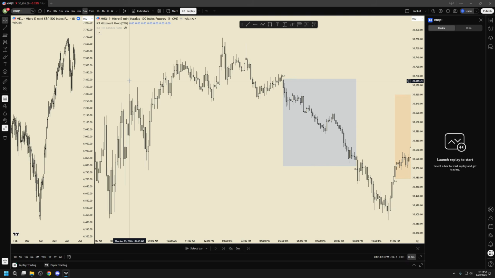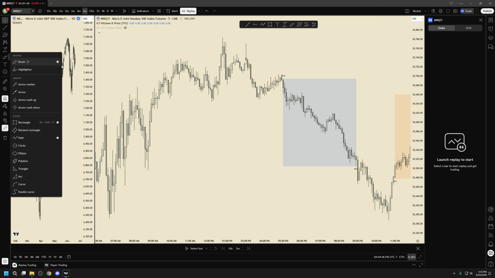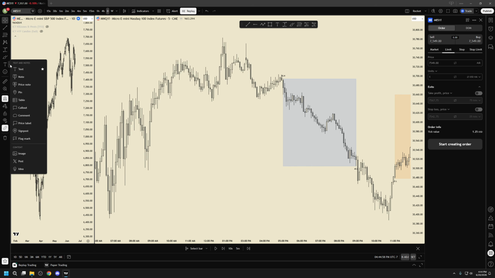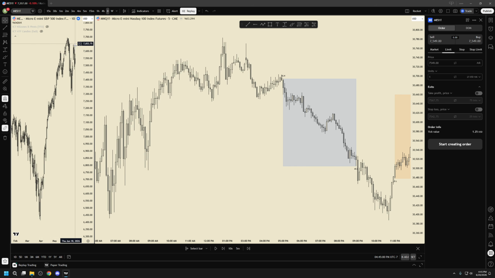Price range, drawing tool, brush, path, rectangle. Brush, you don't really need. Path, you don't really need. I would definitely use rectangle because I use rectangle to draw my fair value gaps. Text, you can have text when you write notes. But that's about it. Once you star it, it should pop up on your chart like this. You can move it anywhere you want.